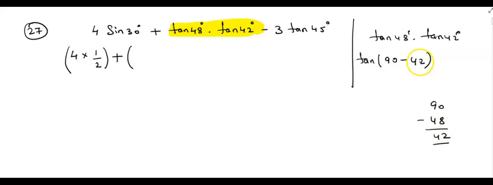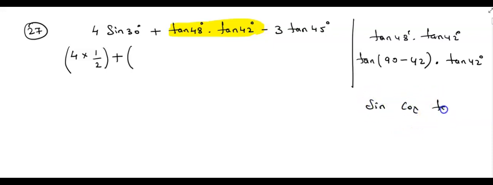Tan 90 minus 42 is 48 into tan 42. Keep it as it is. You have to change any one of tan 48 and tan 42. So what I have done, I have changed tan 48. So tan 48 can be written as tan of 90 minus 42, into tan 42 as it is.